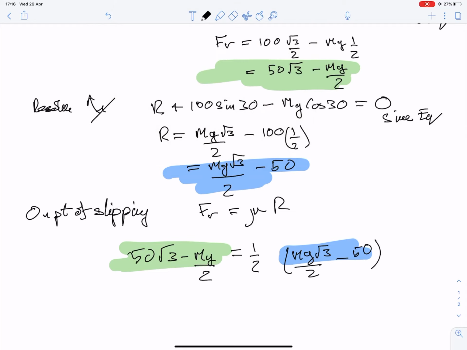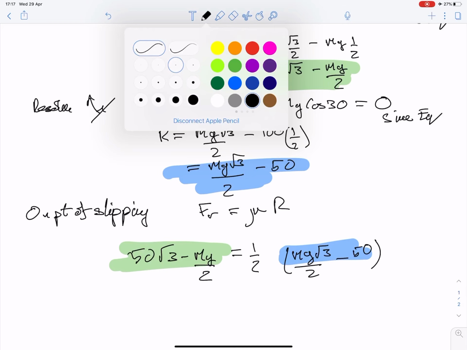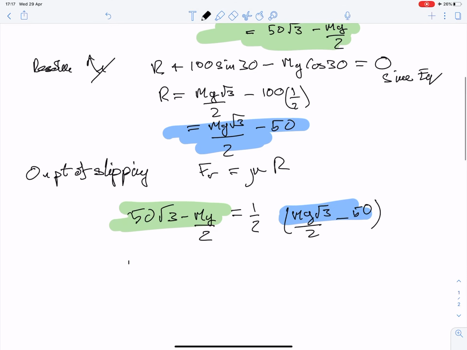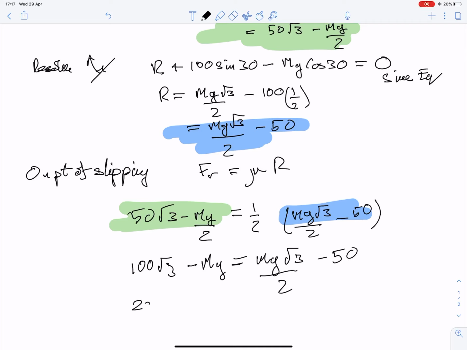That gives 100 root 3 minus mg is equal to mg root 3 over 2 minus 50. Multiply through by 2 again, so we get 200 root 3 minus 2mg equals mg root 3 minus 100.